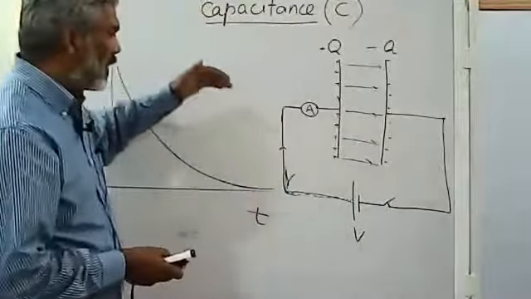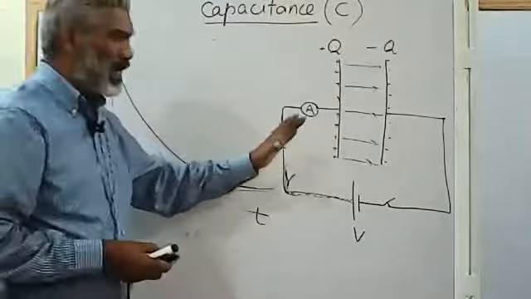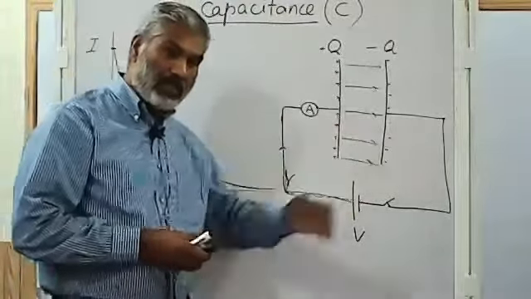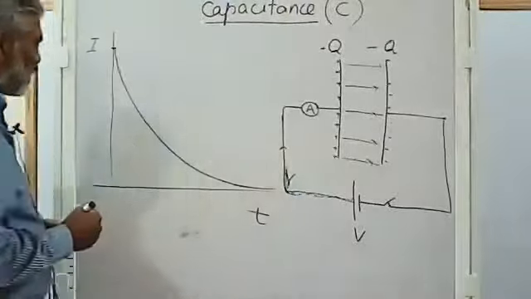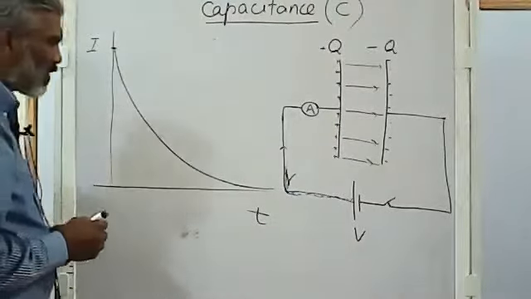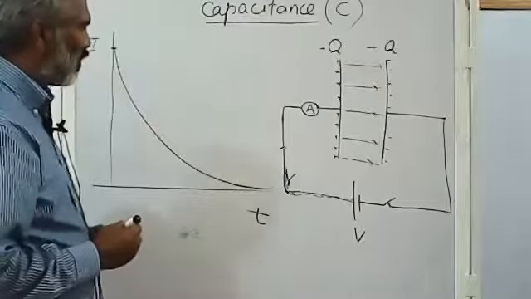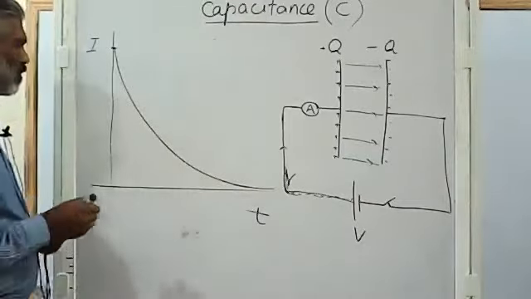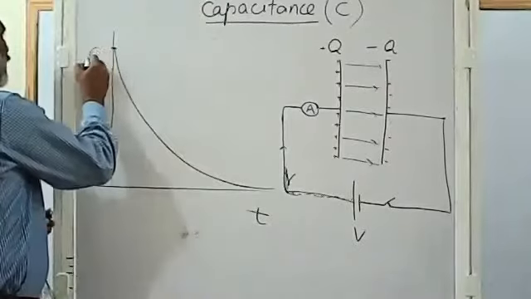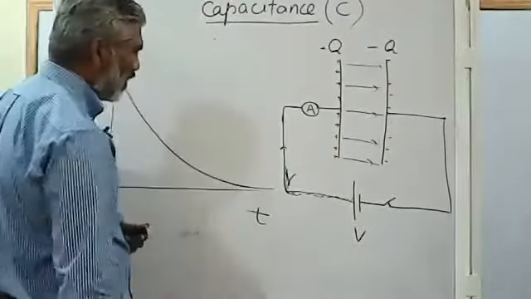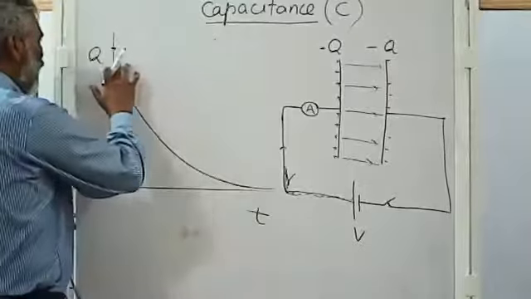But as the current drops here, the rate of accumulating charge must be smaller. So what is the shape of the graph that we expect if we want to plot a graph between Q and T, charge with time?